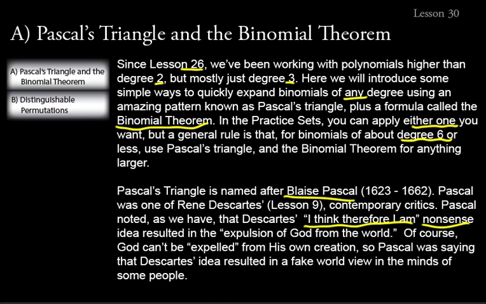We exist because God created us, not because we're able to think or not think. But even Pascal's idea isn't that great because God can't be expelled from his own creation. What Pascal was saying was that Descartes' idea resulted in a fake worldview in the minds of some people who followed and supported Descartes' belief.